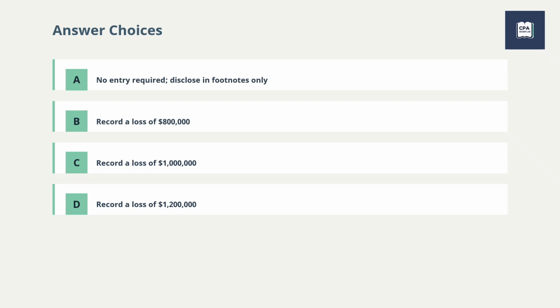I believe the attorney said it was between 800,000 and 1.2 million, and this question gives you all three examples. Which amount do we choose? We choose the lower amount here. The answer is going to be B. We are going to record a loss of $800,000.